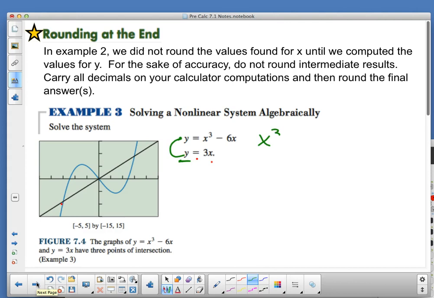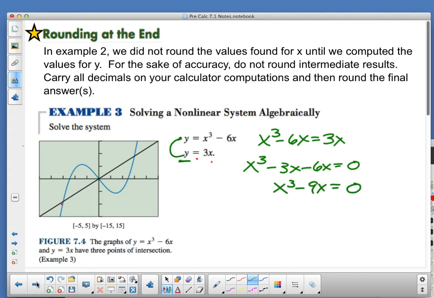I've got x cubed minus 6x is equal to 3x. Okay, so I got x cubed minus 3x minus 6x is equal to 0. Keep in mind that's 9x. So I've got x times, now I'm going to go a little slower, x squared minus 9. And that is x times x minus 3 and x plus 3.